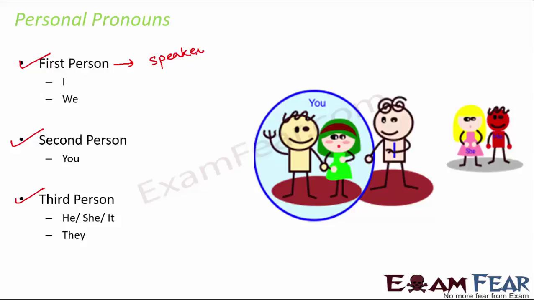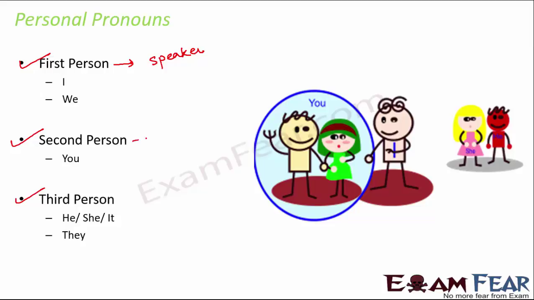So who is the speaker? It's me, right? And about whom am I talking? I am talking about myself again. So I, we, these are the first person pronouns because here I, we refers to the speaker himself or to the speaker themselves. So we is the plural form. When there are a lot of us together, then we use we.